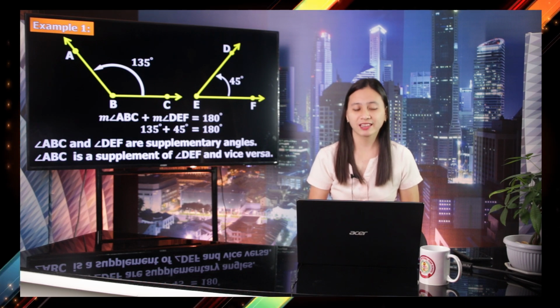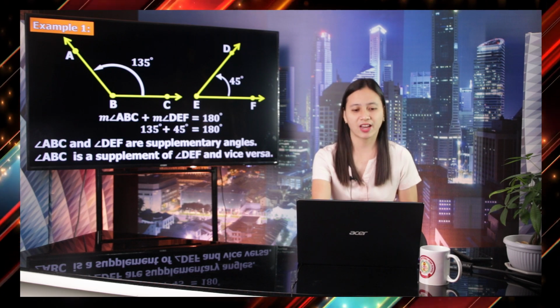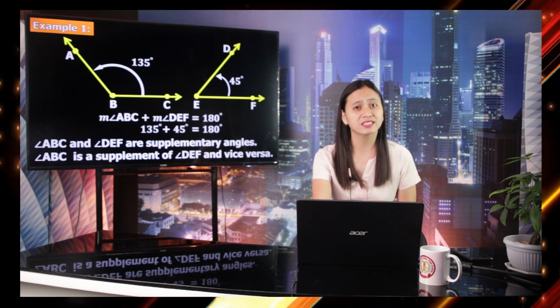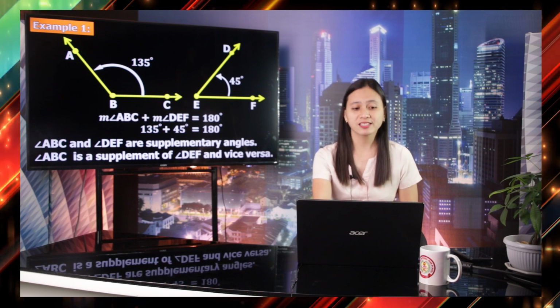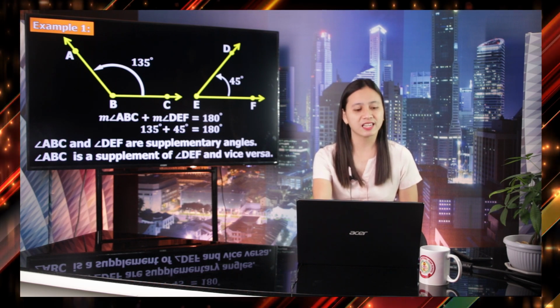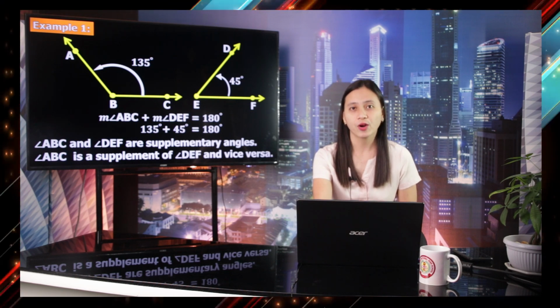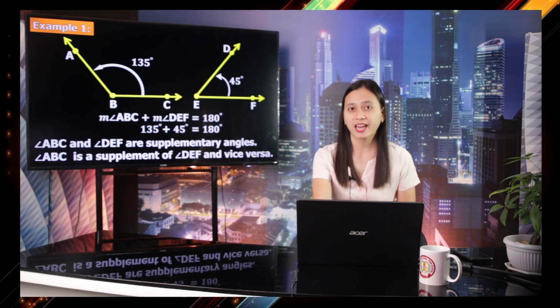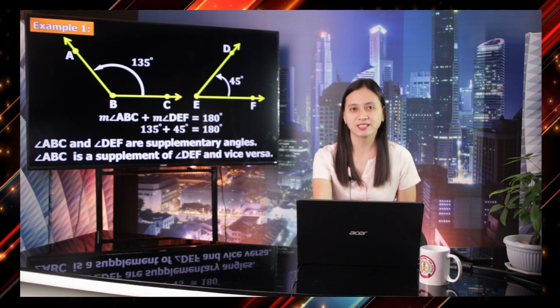So we can say that angle ABC and angle DEF are supplementary angles. In other words, angle ABC is a supplement of angle DEF, or angle DEF is a supplement of angle ABC.